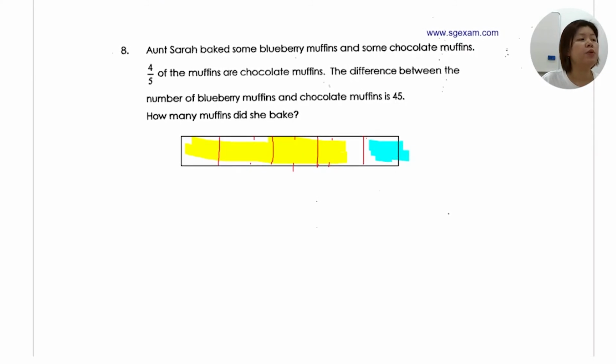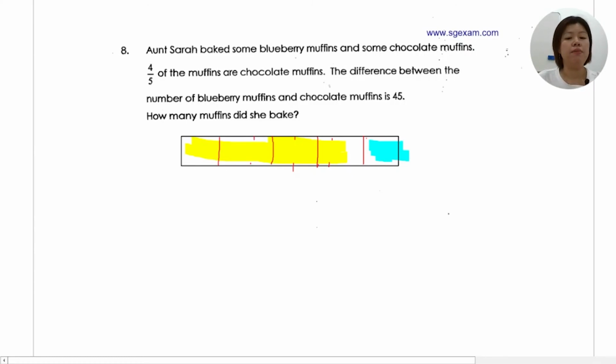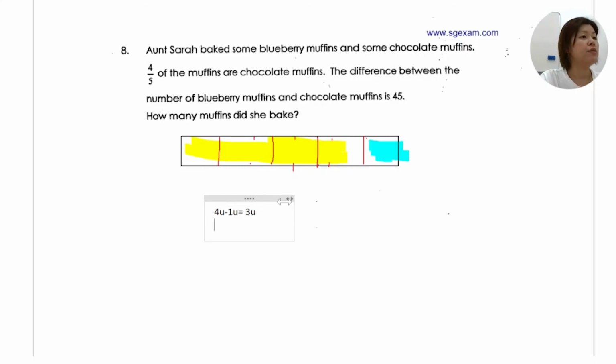So the difference between the number of blueberry and the chocolate is actually 45. So if you can see, my chocolate is 4 units. So 4 units minus 1 unit is equals to 3 units. So 3 units, since it's the difference, is actually 45.